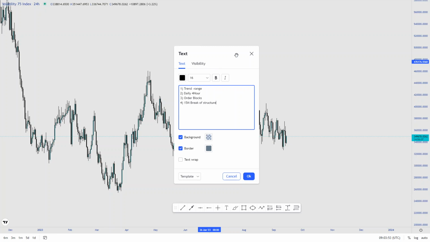That is what we must do on our break of structure. So once we have a break of structure, number five, we must wait for our pull back. We must wait for our pull back to our 15M order block, right? Those are the things that we must do first.